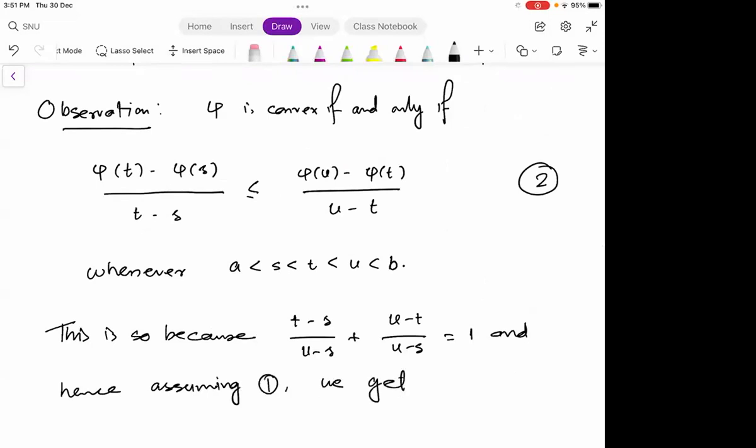So you see, t minus s by u minus s plus u minus t by u minus s is 1. And so I can take one of them to be lambda and the other to be 1 minus lambda.